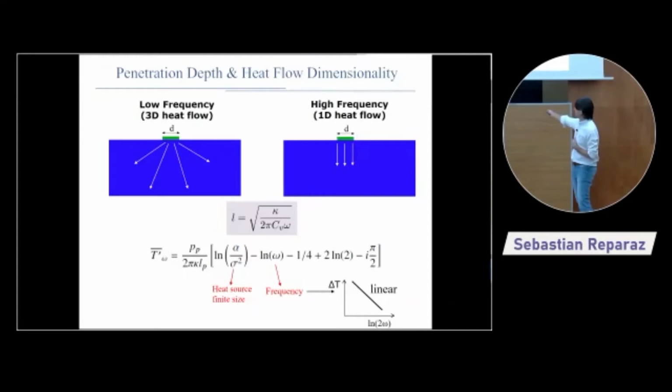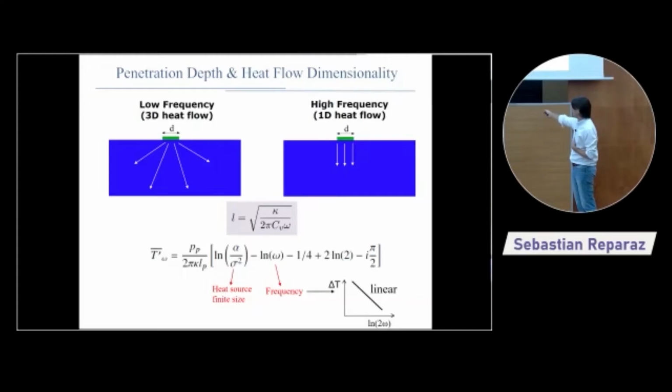What is interesting is what I was discussing before. The temperature response is proportional to the power, the thermal conductivity, the length of the transducer, geometrical parameters, which doesn't really matter. The important thing is this part here. The temperature will be proportional to the logarithm of the frequency. And the slope is what?